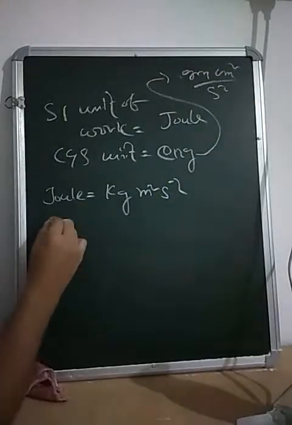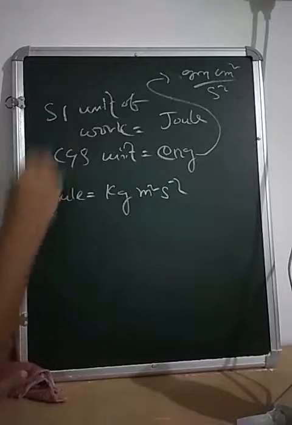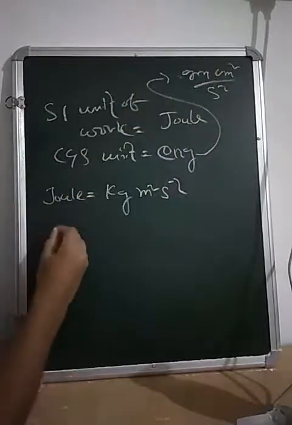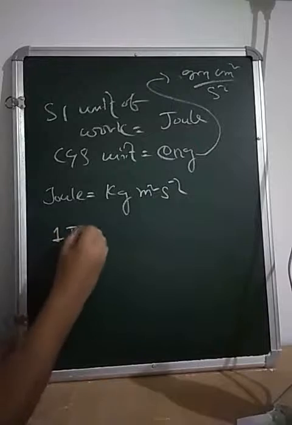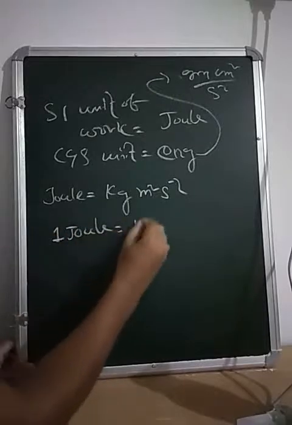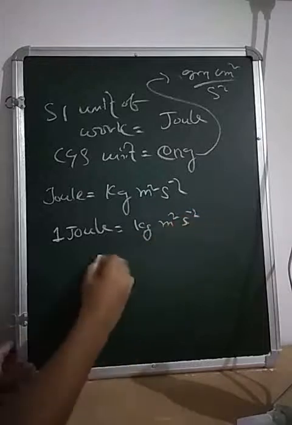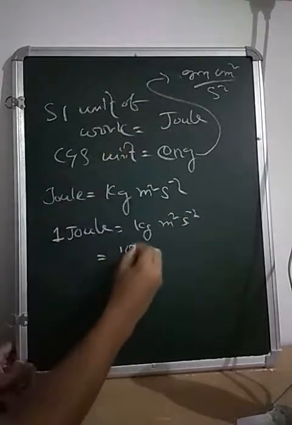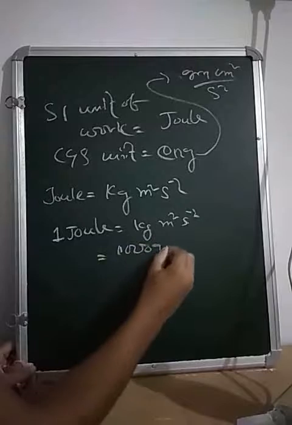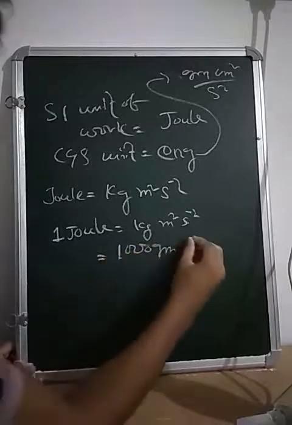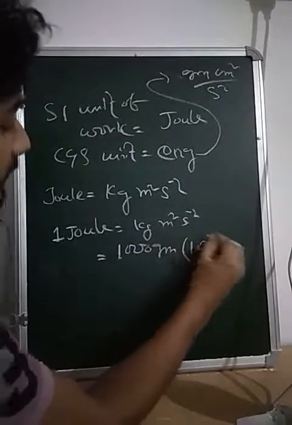So 1 joule is equal to how much erg? You can calculate. 1 joule is equal to 1 kg meter square per second square. 1 kg is 1000 gram, and 1 meter is 100 centimeter.